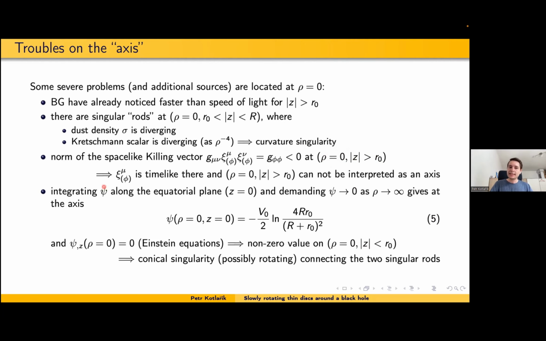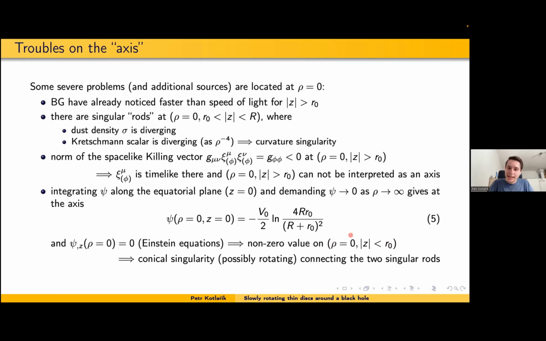And also, if you integrate the second metric function psi and demand that it goes to 0 at radial infinity, which it should, because we are assuming asymptotic flatness, then you get a non-zero constant on the axis. And from the Einstein equations, it means that this non-zero constant is everywhere on this part of the axis.